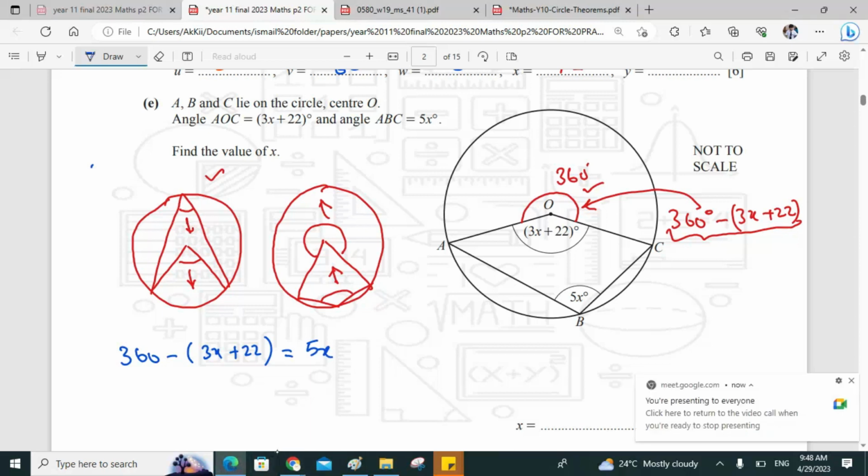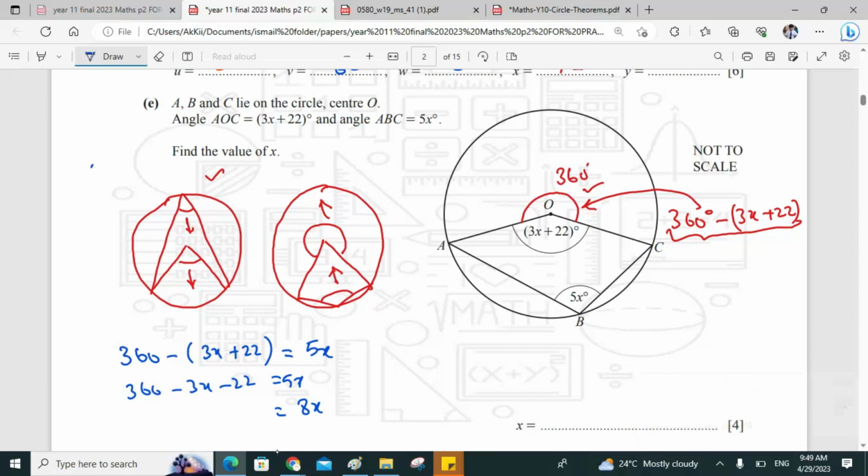Right, so it will be 360 minus 3x minus 22 is equal to 5x. 3x will go on the other side, it will become 8x. 360 minus 22 will be what? It's 338. 338 is equal to 8x, divided by 8.